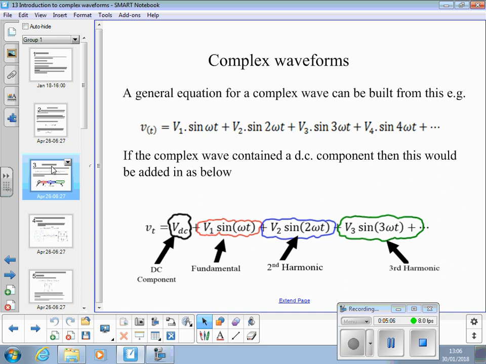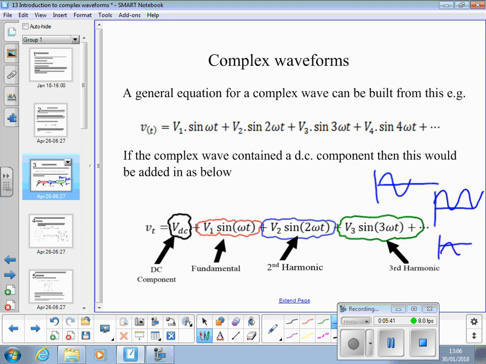If the complex wave contained a DC component, then that would go on at the beginning as a simple addition. All that's going to do is move the whole waveform up and down the y scale. So if we take a base sine wave, like so, and add in a DC component, that would lift it up the y-axis, and taking away a DC component would move it down the y-axis.